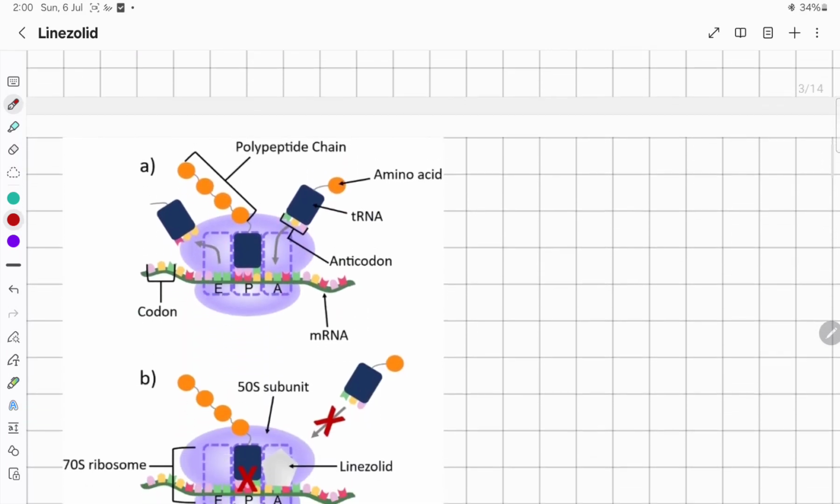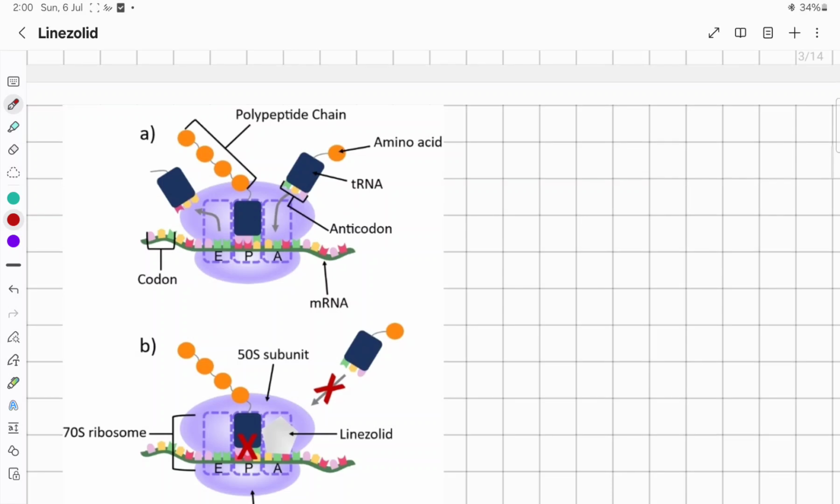Exactly where it binds in the 50S subunit, there are three sites: A site, P site, and E site. A site is the aminoacyl transfer site. So first the transfer RNA with the required amino acid binds to this site. Then the P site is the peptidyl transfer site.